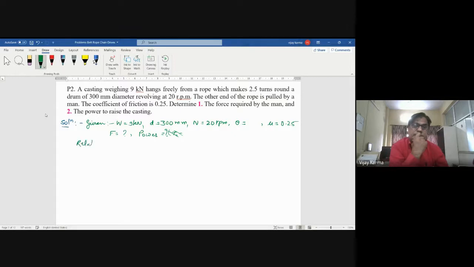What relations do we have? One is T1 upon T2 is equal to e to the power mu theta. Power is equal to (T1 minus T2) into V, and V is equal to pi D N by 60.